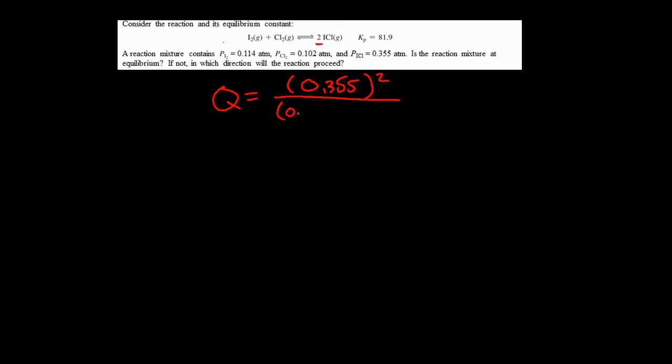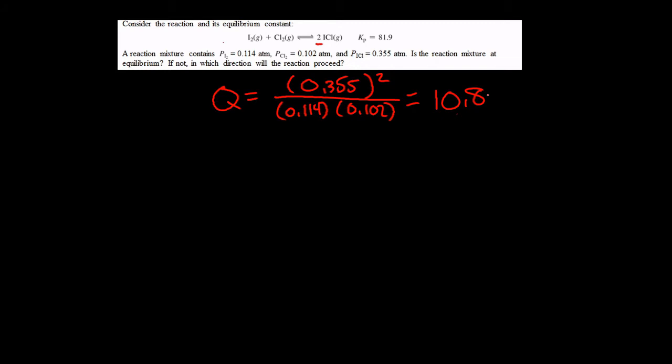One of them is 0.114, and the other is 0.102. And so, if we do the math, 0.355 squared divided by 0.114 and 0.102 gives me 10.8.